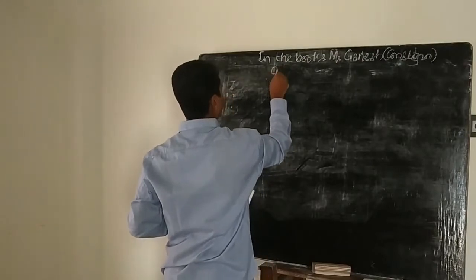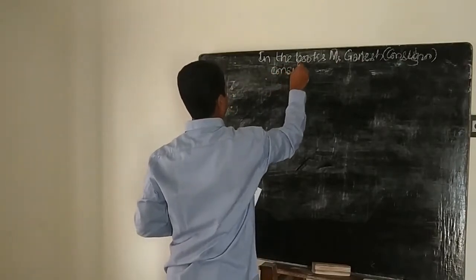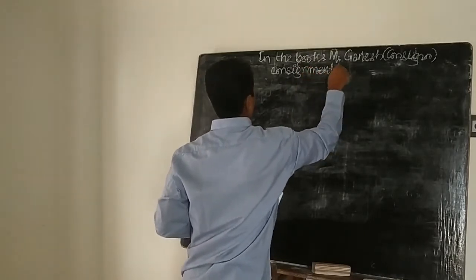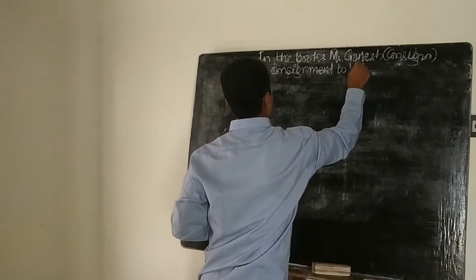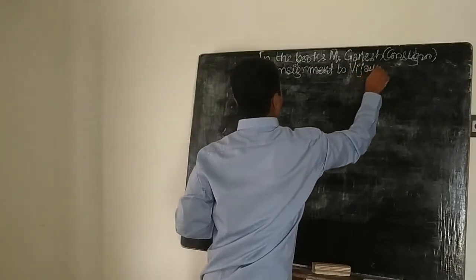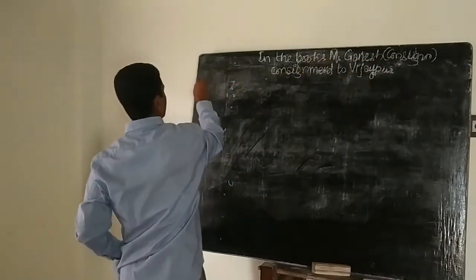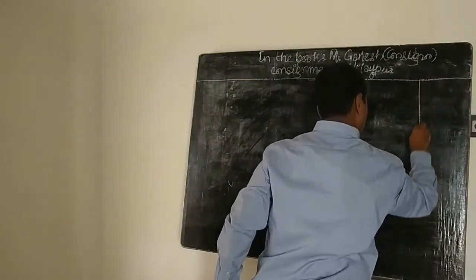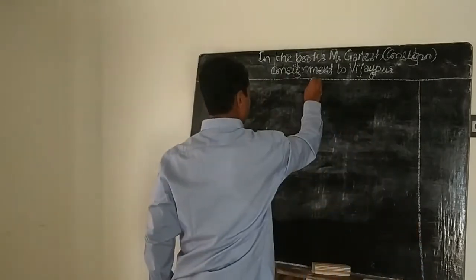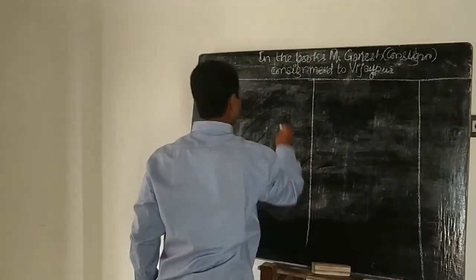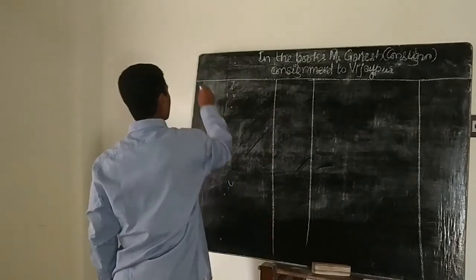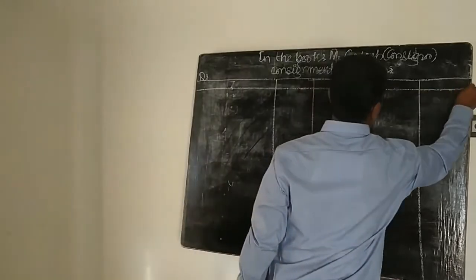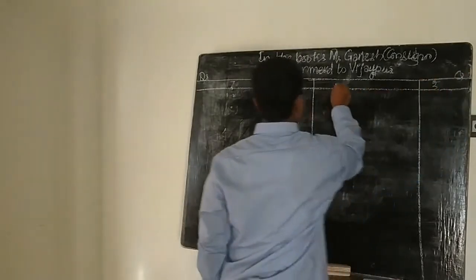So consignment to Vijayapura, or simply consignment account. So consignment to Vijayapura. This is a very simple account. It is just like your trading and P&L account, as it is in the nature of a nominal account here.